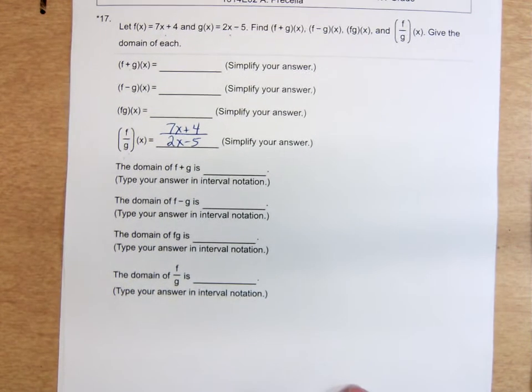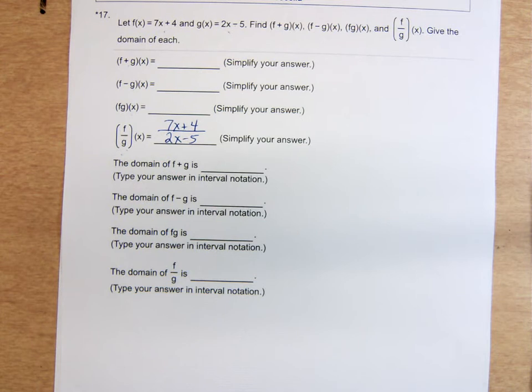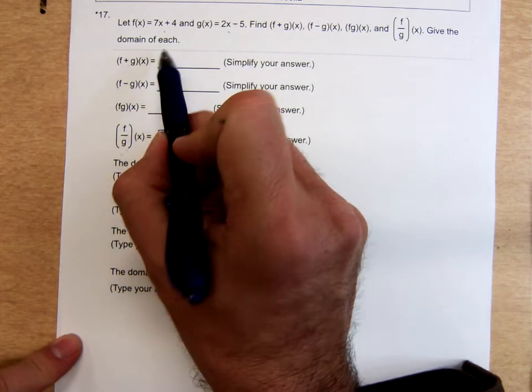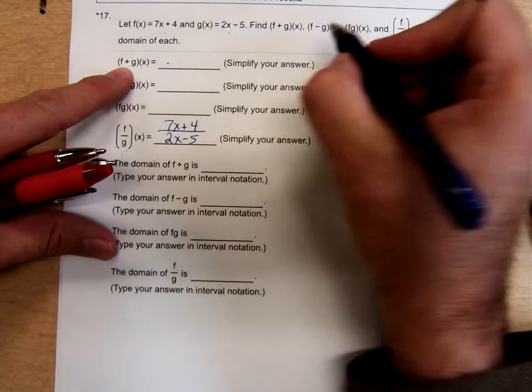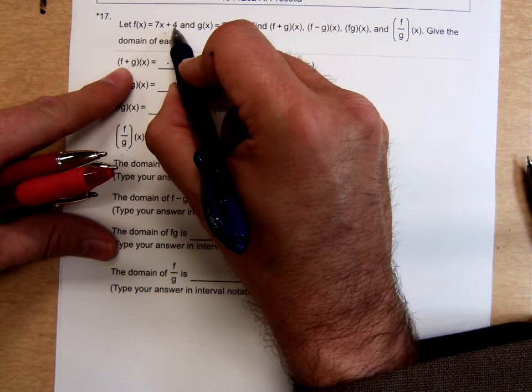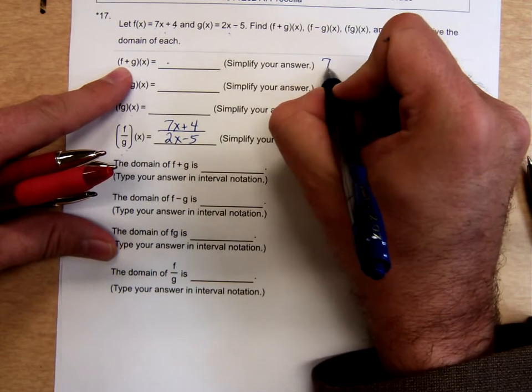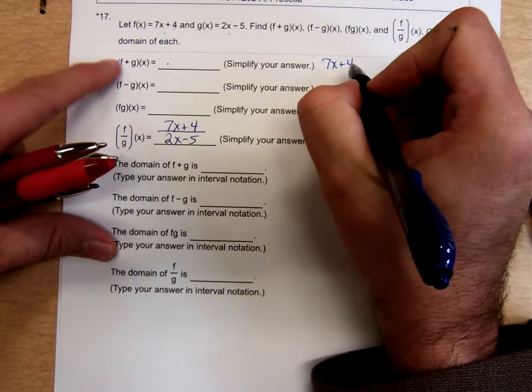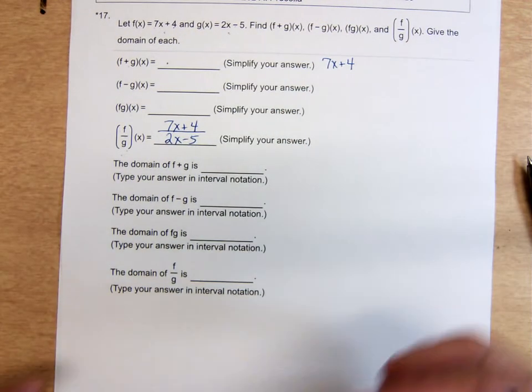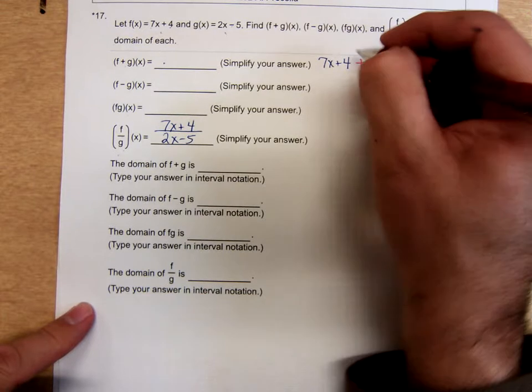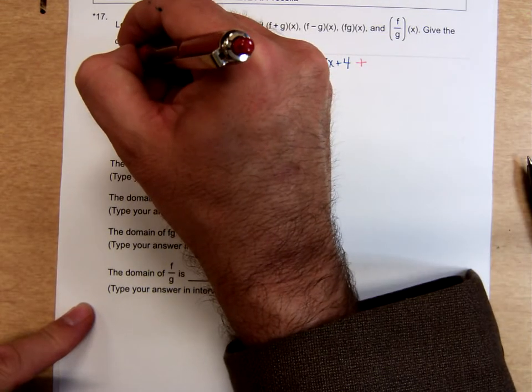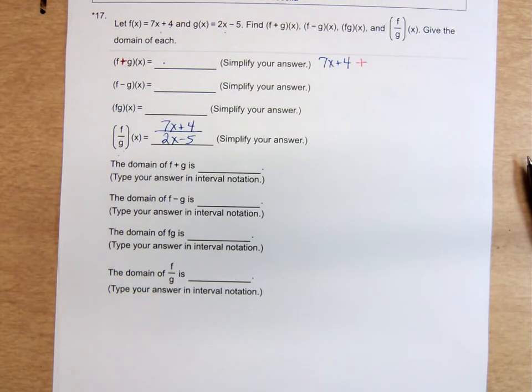To find f plus g, you just write down f and write down g with a big plus in it. So I'm finding this one here. F is 7x plus 4 plus, that's this plus right there, g is 2x minus 5.